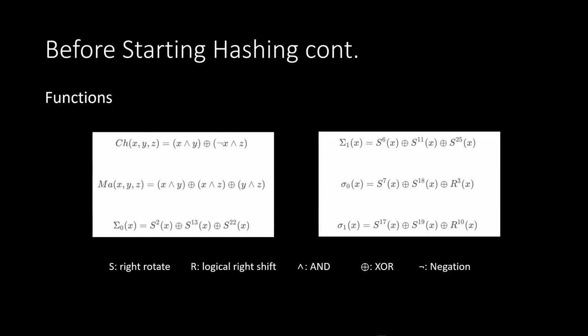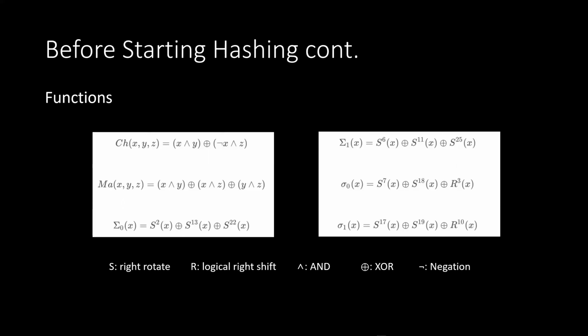And here on the screen are the functions that we are going to use in the process. They are Ch, Maj, big sigma 0, big sigma 1, small sigma 0, and small sigma 1. The S means they are right rotate: right shift, then prepend the shifted digits to the beginning.